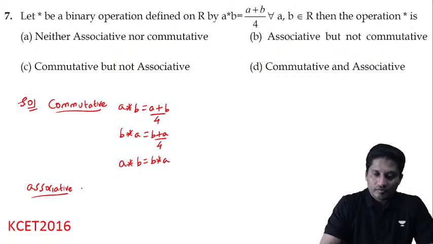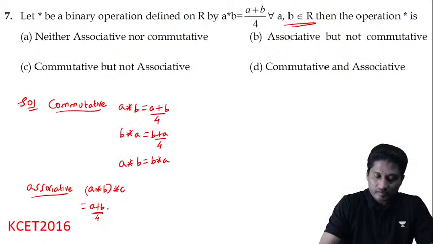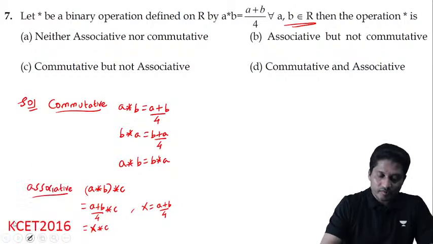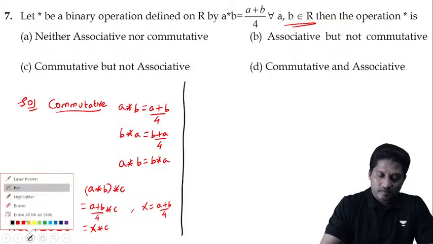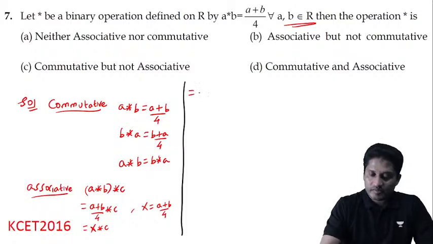Associative: for all A, B, C belonging to R, real numbers, (A star B) star C. A star B is (A plus B) by 4, and then this star C. Suppose this is X star C, this is (X plus C) by 4.